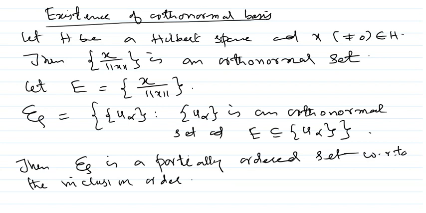Directly with respect to the inclusion. So that's how we define it. We say two elements are related if and only if one is contained in the other.